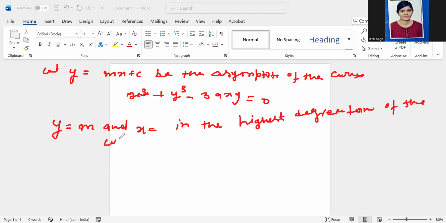Okay, so what do we get here? This is of third degree, so we write it as phi 3, and this is a function of m.